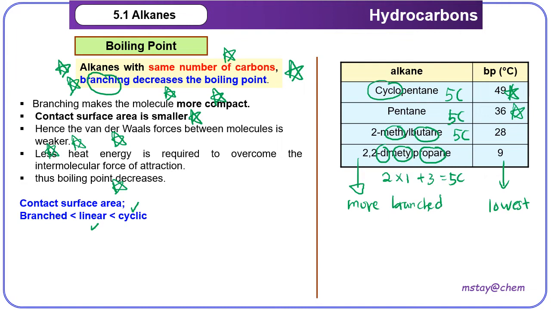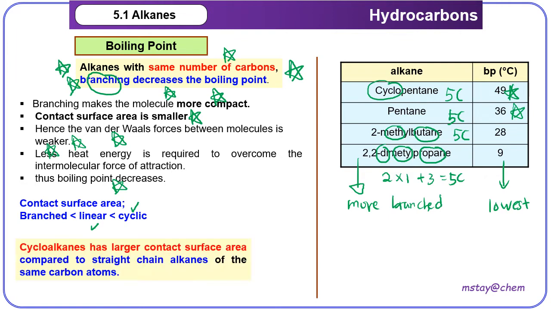So that means a cyclic compound generally will have larger contact surface area compared to the linear compound. So here we come out with another idea. Cycloalkane has larger contact surface area compared to straight chain for the same carbon. So this is another point that you have to remember.